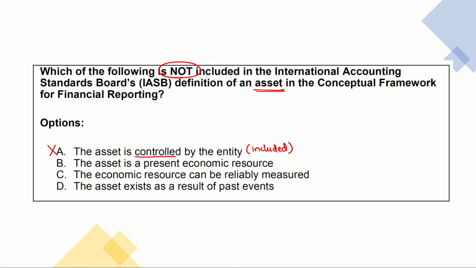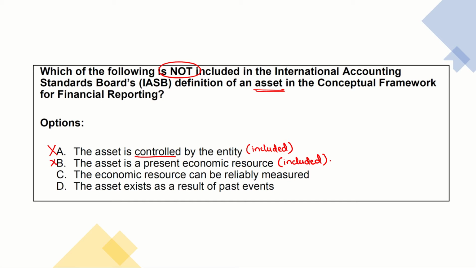The second thing that we have is a present economic resource. In fact, this statement is also included as part of the definition of the asset. And what is a present economic resource? An item which has a potential to produce economic benefits for the business. So yes, it is your economic resource today, a present economic resource.